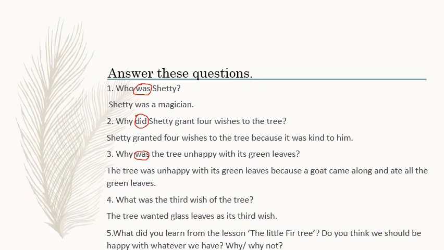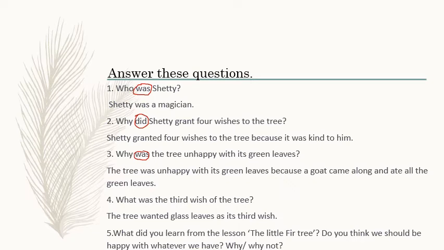And what was that? Its needle leaves. Why? Because it finally realizes that it was happy with the things that were given to it by God. So whatever things have been given to us, we should appreciate, we should love those things, we should praise those things.